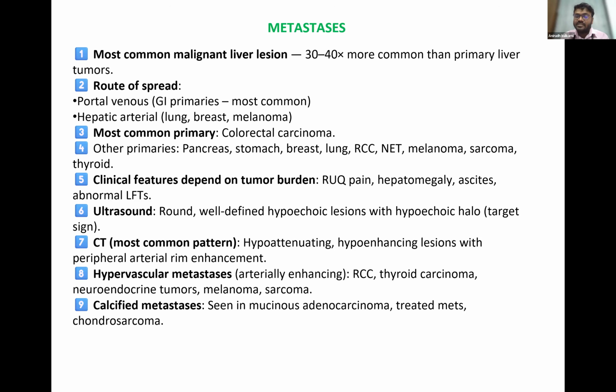Then calcified metastases are seen in mucinous adenocarcinoma, treated metastasis, or chondrosarcoma. So this is very, very important. Okay. Hypervascular mets: RCC, thyroid carcinoma, neuroendocrine tumors, melanoma, and sarcoma.